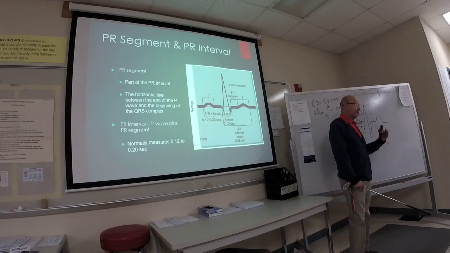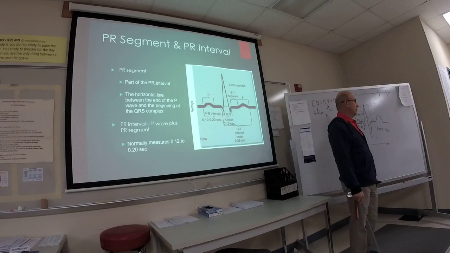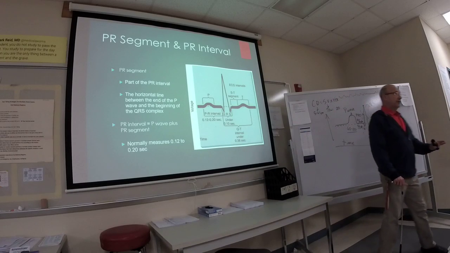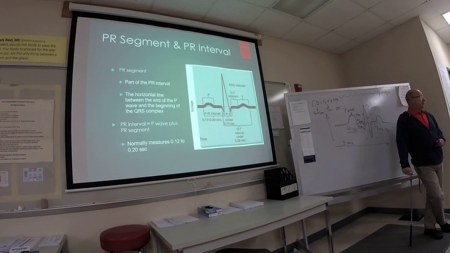So it's just a matter of picking up what the norms are and what the abnormals are. And the other thing is that you guys can get a job as an EKG tech.